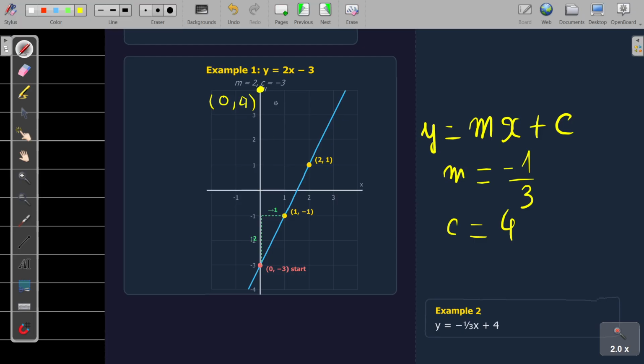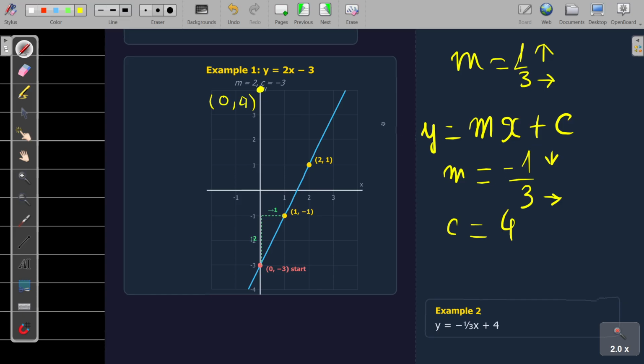Now, this is rise over run. Rise over run is minus 1 over 3. So it means that I need to move to the right 3 times and go down once. Simple as that. What if m was 1 over 3? Oh, it's simple. I need to go three times to the right and go up once.